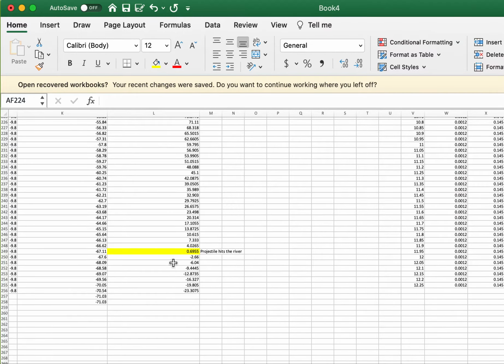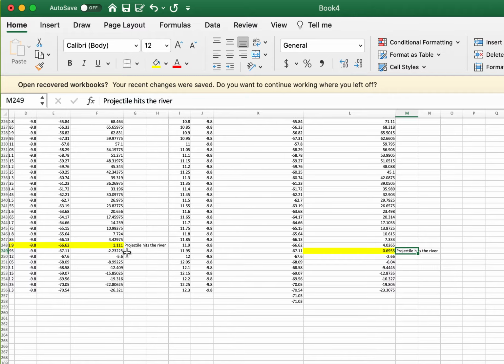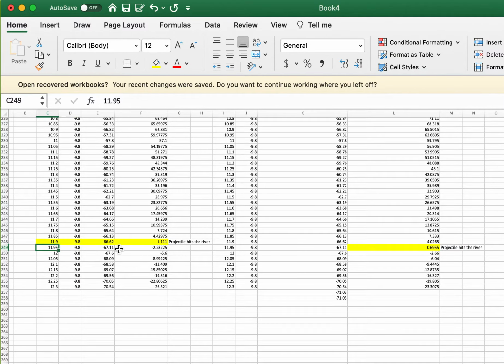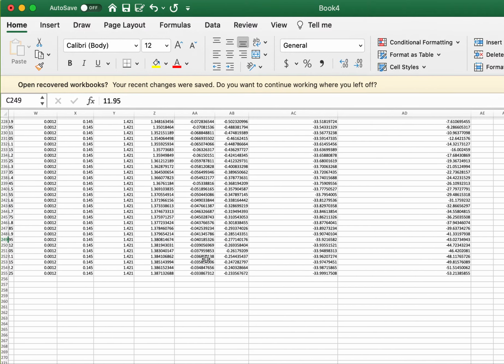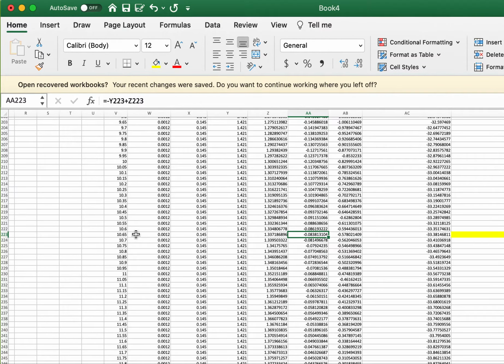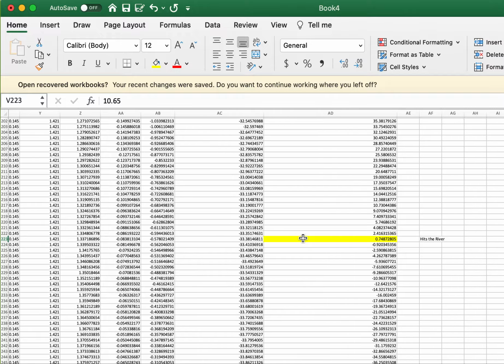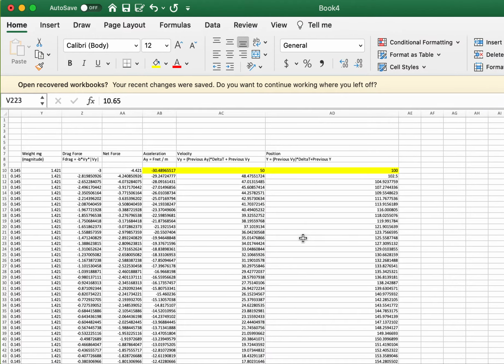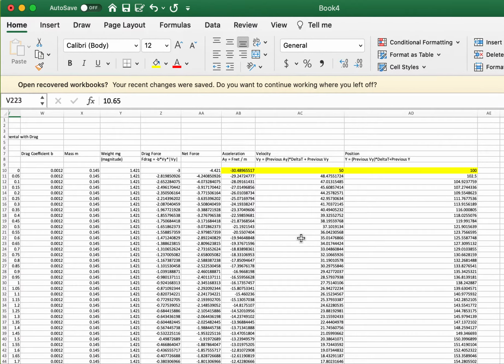Alright, so here the projectile hits the river later without drag, at 11.9 seconds. With drag, it hits the river at 10.65 seconds.